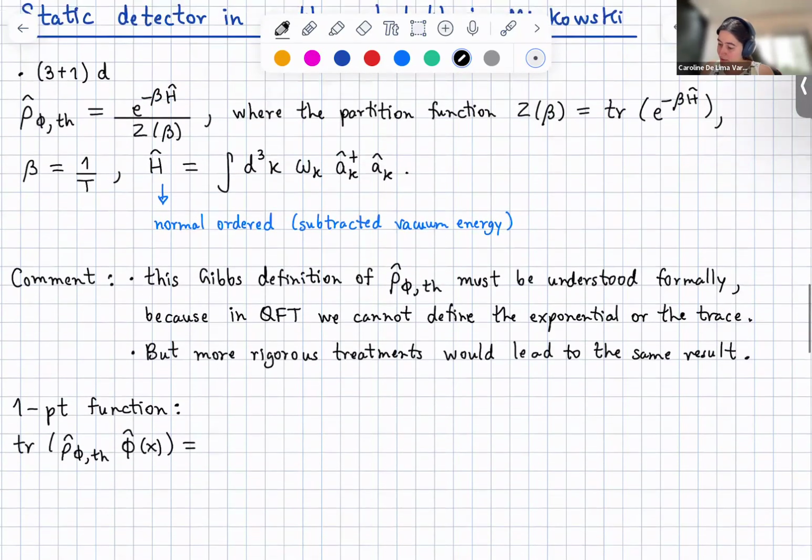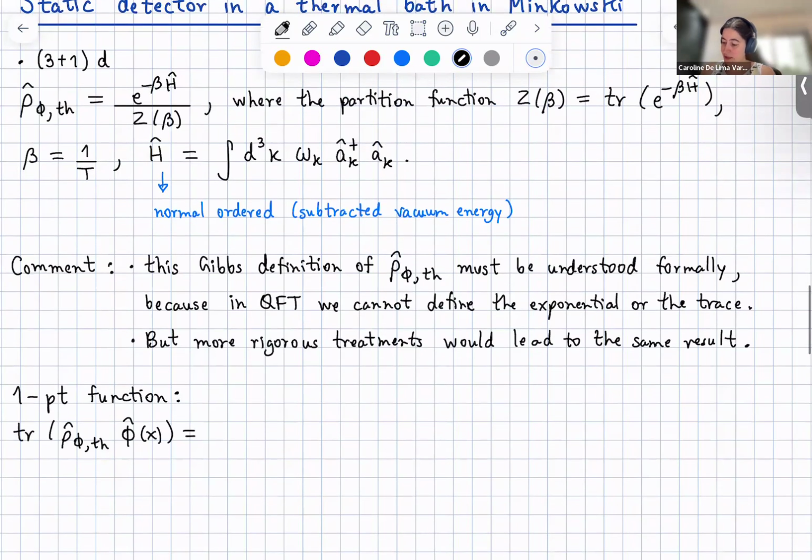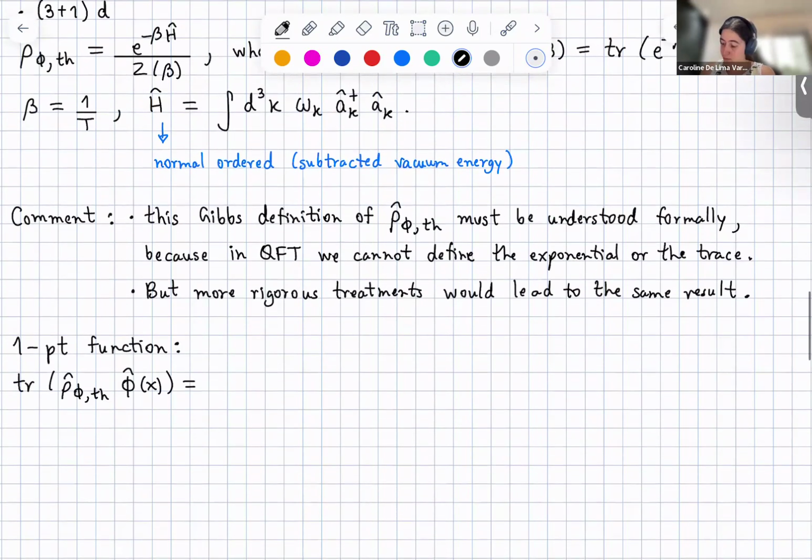For the case that I have here, as I just defined, this rho I can rewrite as 1 over Z, where Z is Z of beta, I'll just write Z for convenience, times the trace of e to the minus beta H times phi.